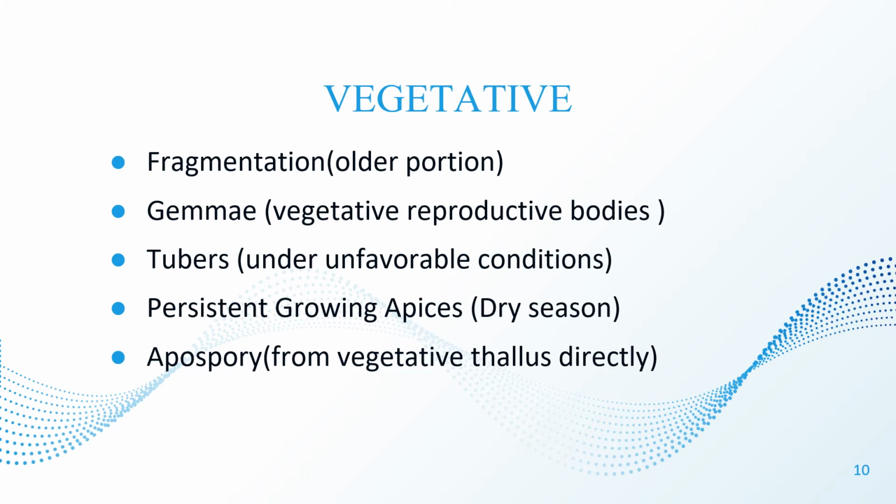Sometimes there is death and decay of the parent thallus, but the tubers remain there. They germinate to give rise to a new thallus. Anthocerotae also reproduce by means of persistent growing apices. During dry season, if the thallus dries up, the apices at certain points remain alive. They remain persistent and do not undergo any changes during dry season or unfavorable conditions.